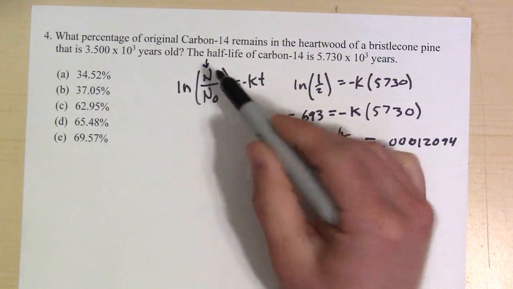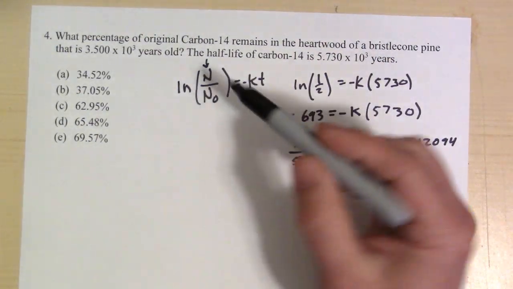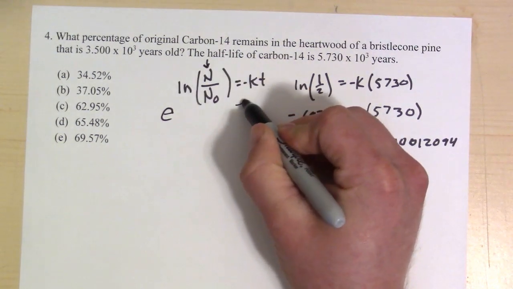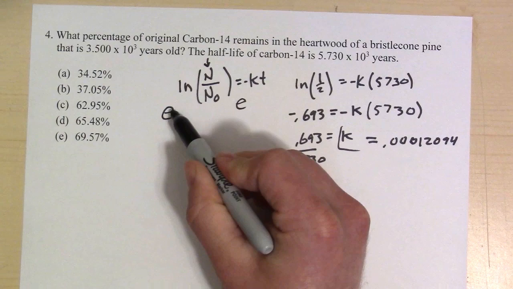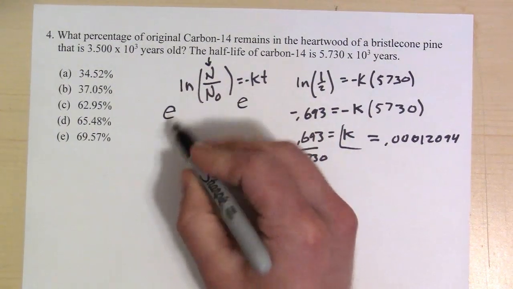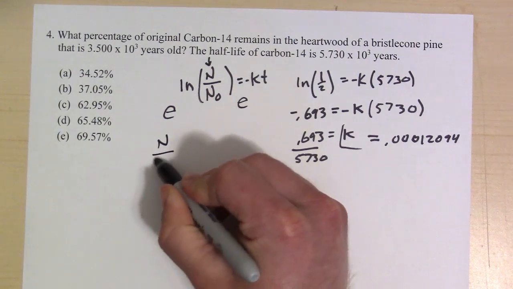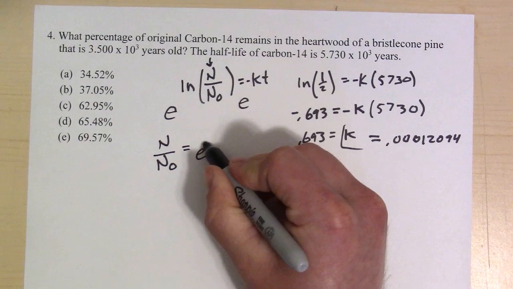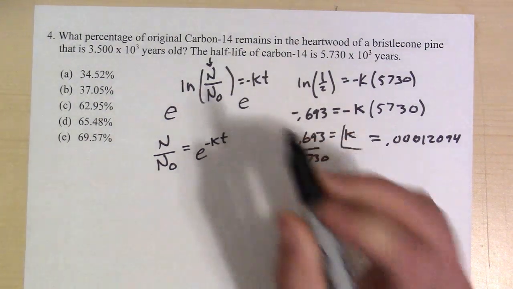So to solve for that N, we'll need to take each side to the e. So we'll raise this side to e, and this side as well. So the e power of the natural logarithm will cancel. So we'll get that N over N0 is equal to e to the negative kt.